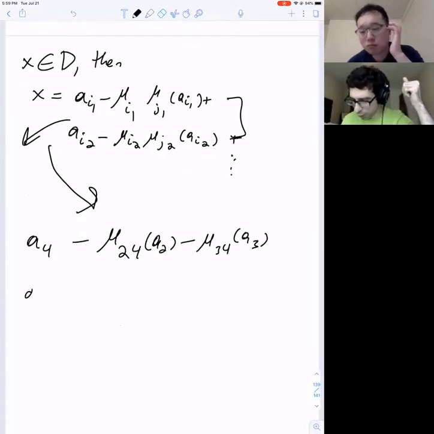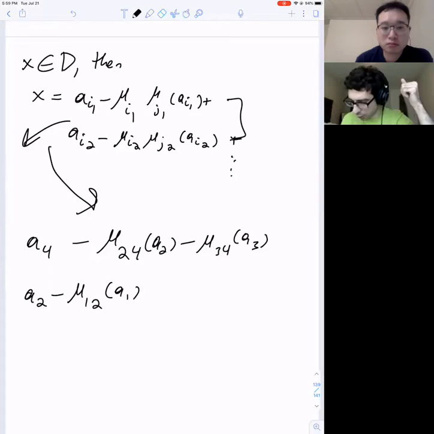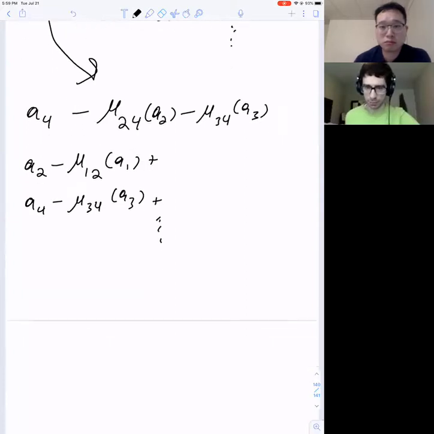It's always going to be A2 minus mu 1 2 of A1 plus, say, A4 minus mu 3 4 of A3, etc. No single row has two mappings in it. Okay, so that's an important step to make things much simpler.